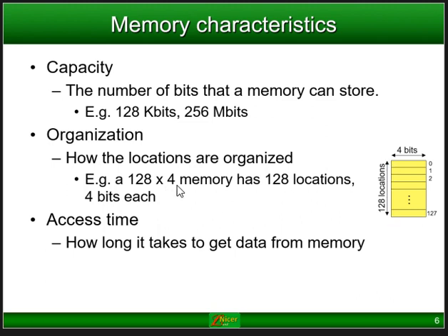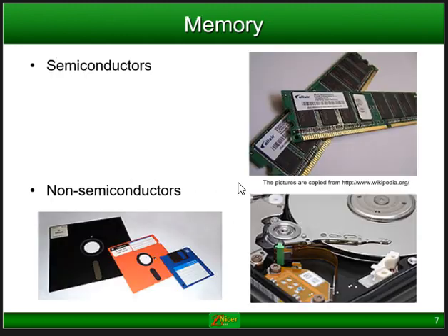And by 4, which is an odd number, it's not really like that in real life, but it just shows it's 4 bits, but normally it will be 8 bits. So it will be something by 8, which is the number of bits, which is the standard. And access time just shows you how long it will take to get data from memory, which is also important.